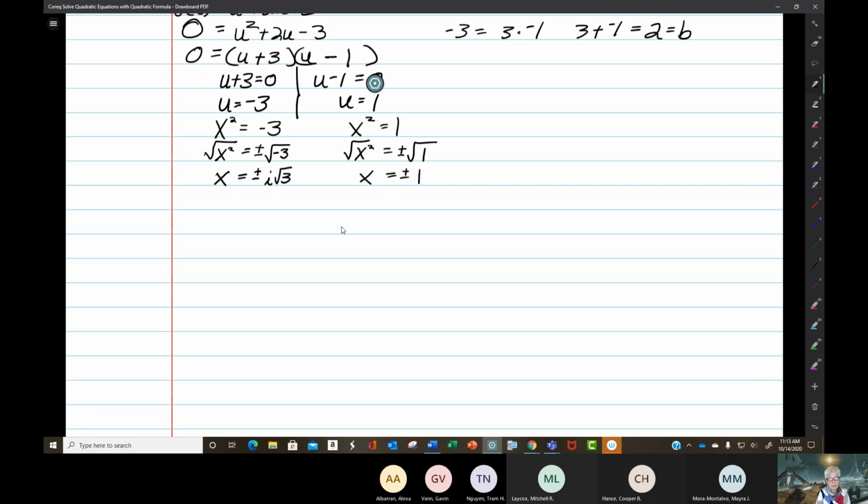So now, you have 4 zeros. You've got negative I times the square root of 3, positive I times the square root of 3, -1, and +1.